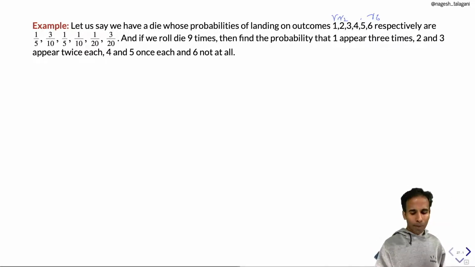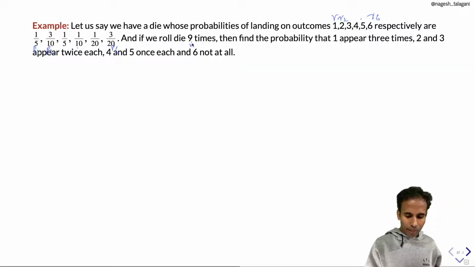The respective probabilities are P1, P2, so on to P6. If you roll the die 9 times, here n equals 9, then find the probability that 1 appeared 3 times, 2 and 3 appeared twice, and 4 and 5 once each, 6 not at all. Now let's solve this problem.